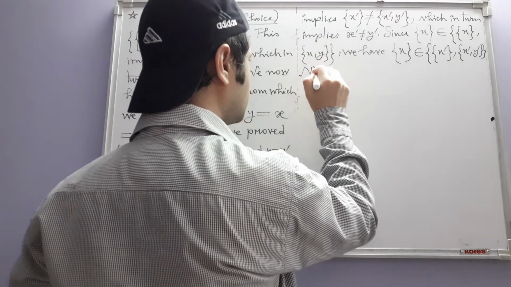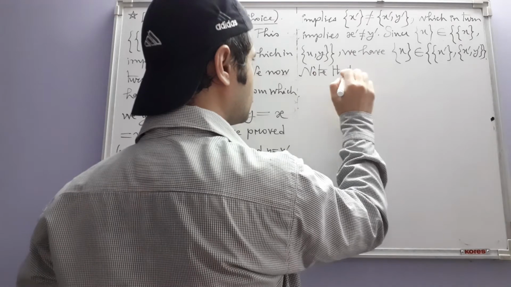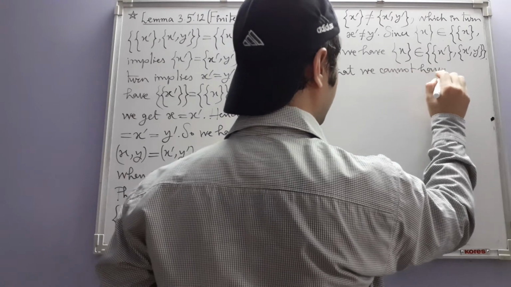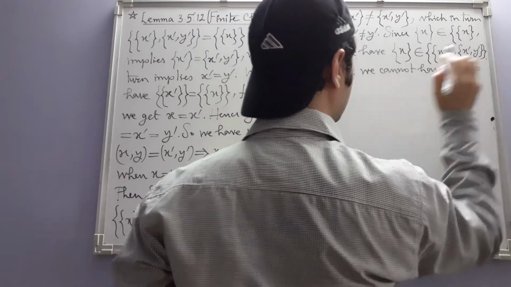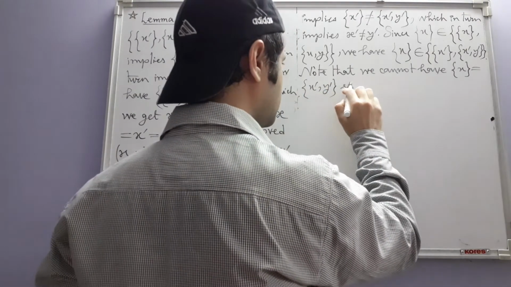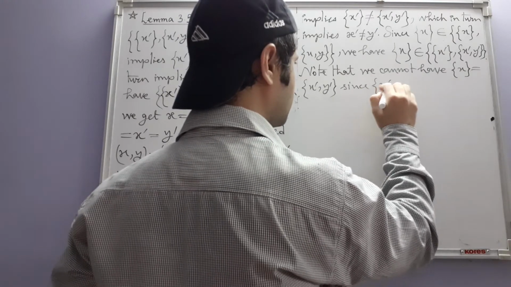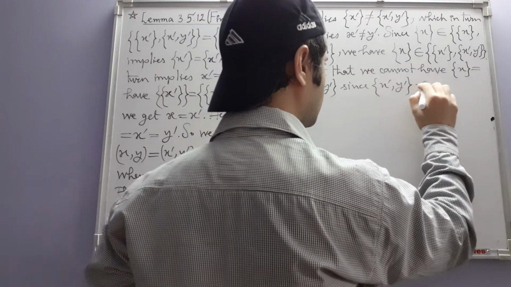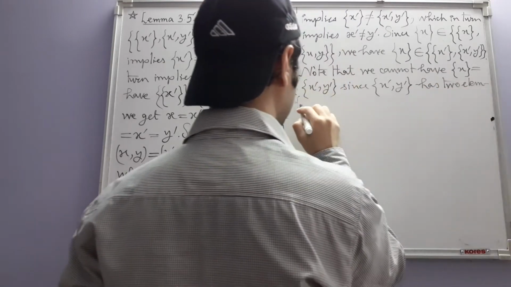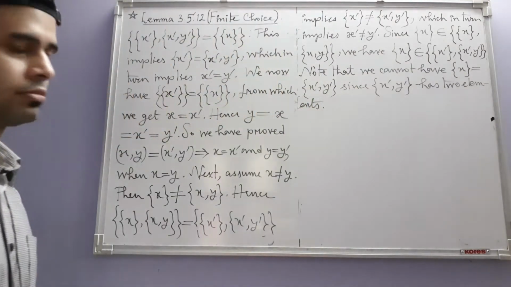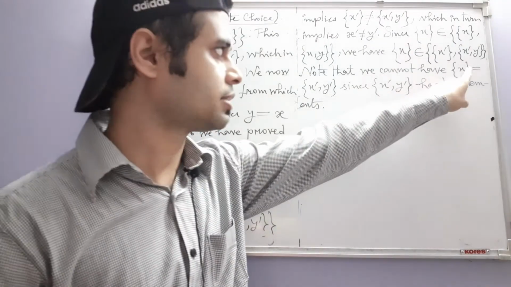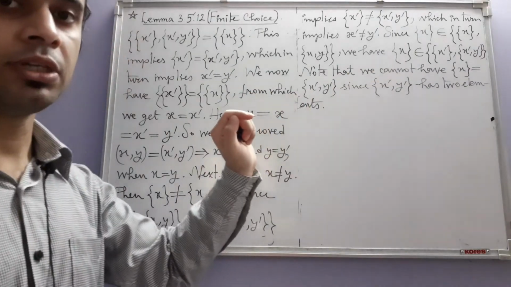Note that we cannot have this equal to, since this is a set, this is another set, this has two elements whereas this has one, that's why they cannot be equal.